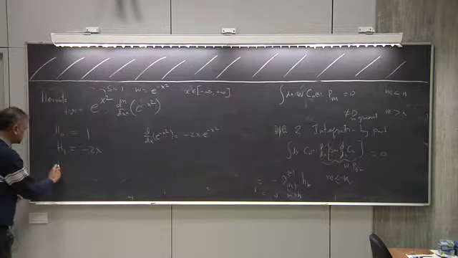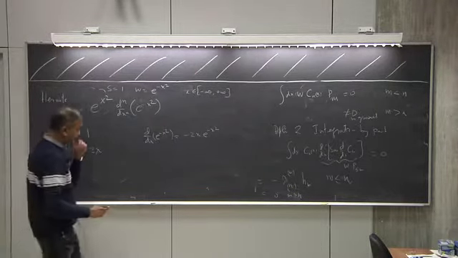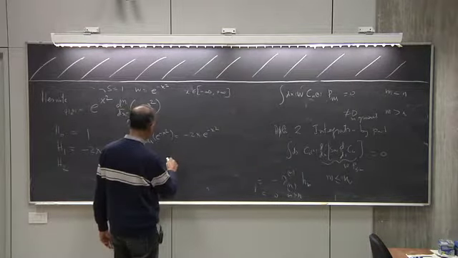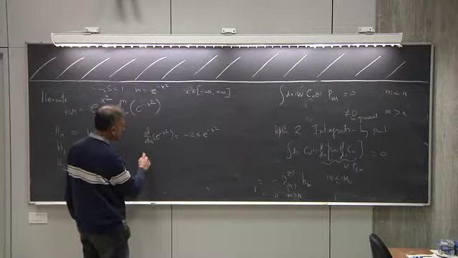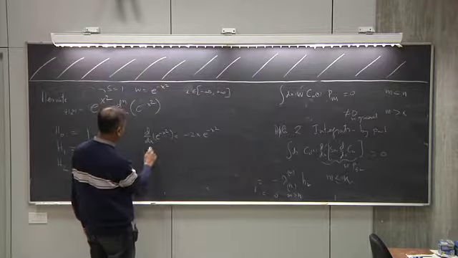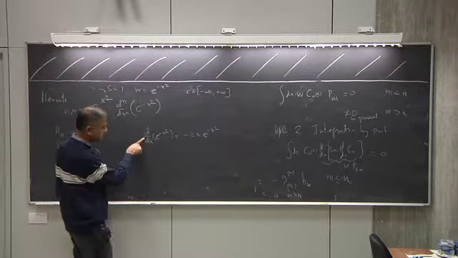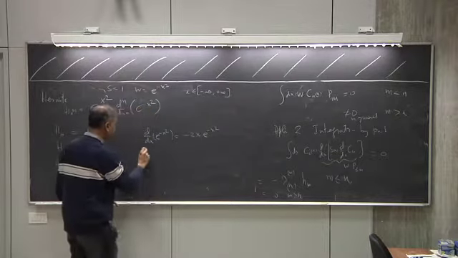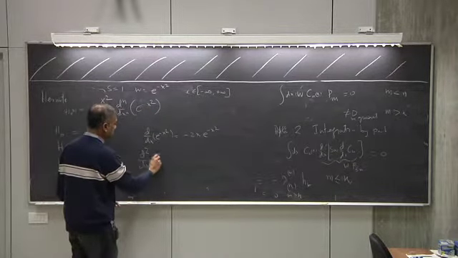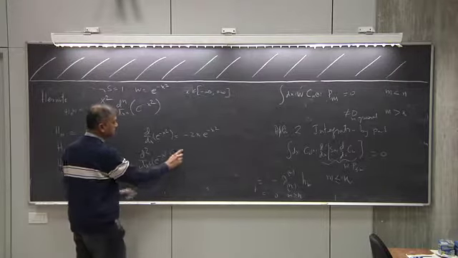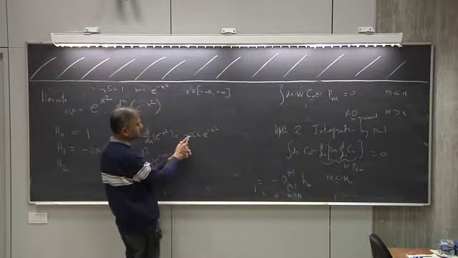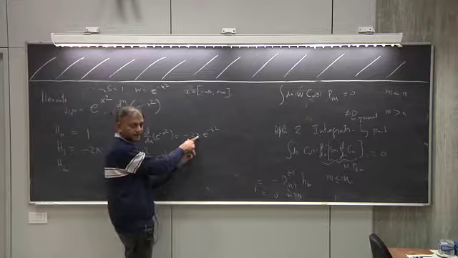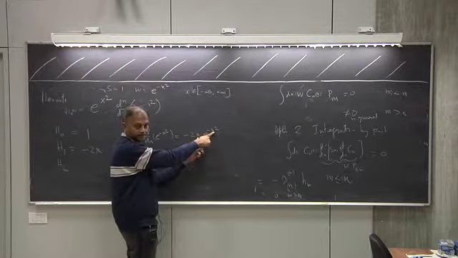That's H1. Let's look at H2. H2 is taking one more derivative of this. So d2 by dx2 of e to the minus x square will be taking one derivative of that, so there will be two terms: the derivative hitting here, or the derivative hitting there.